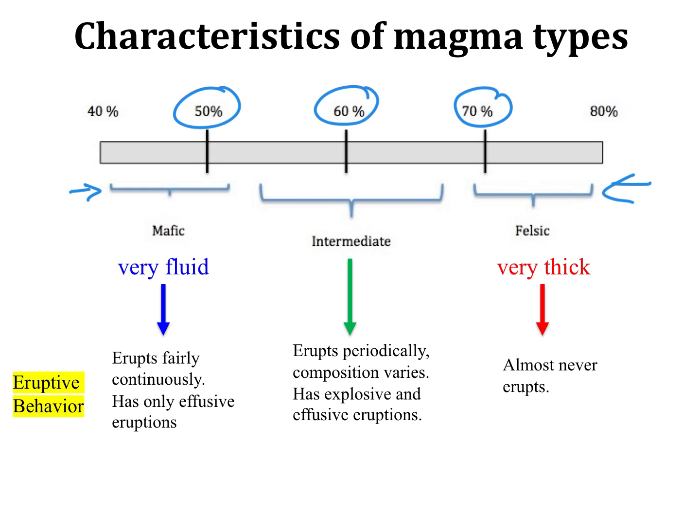But notice how the intermediate magma can sometimes here be more mafic, more similar to a mafic magma. But sometimes you can have an intermediate magma that's closer to this, and it's more similar to a felsic magma. This means that the intermediate magma actually can change its behavior depending on whether it's more mafic or more felsic.